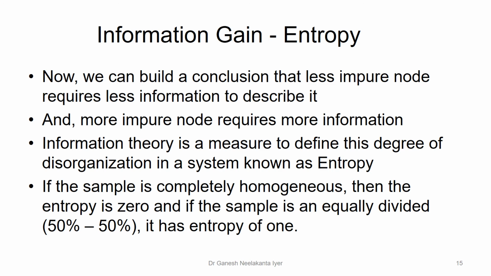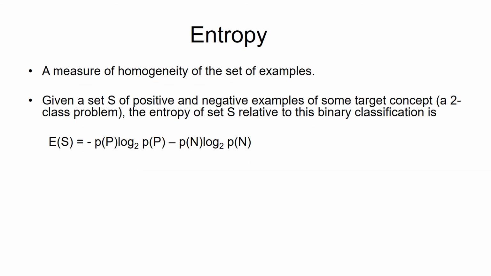Information theory has a measure to define this degree of disorganization in a system, known as entropy. If the sample is completely homogeneous, then the entropy is 0. If the sample is equally divided, the entropy is 1. So let me repeat. The definition of entropy is a measure of homogeneity or a measure of impurity of a set of samples.